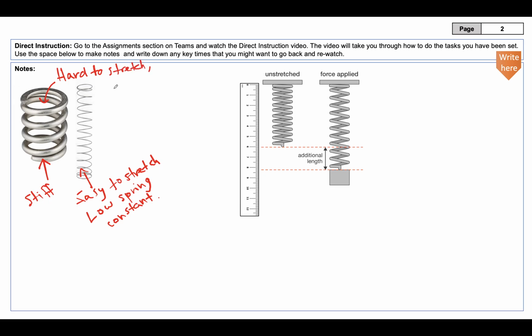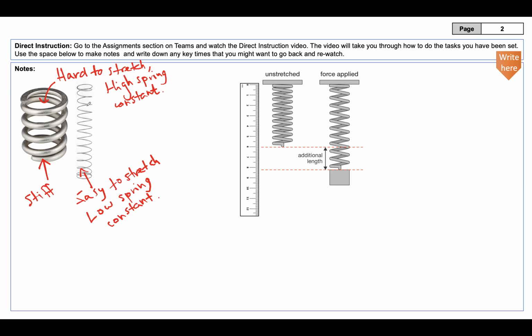So this one has a high spring constant. So easy to stretch gives you a low spring constant, hard to stretch gives you a high spring constant.